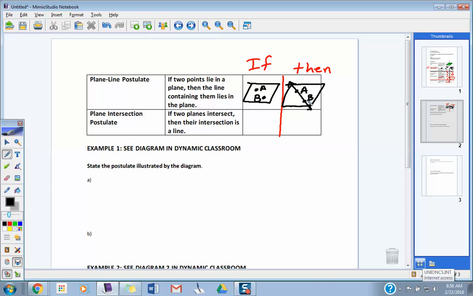And then the last thing you have, and I'm going to have a hard time drawing this, but guys, if you have 2 planes that intersect, then their intersection is a what? 2 planes intersect, they form a what? A line. I'll show you some diagrams that look pretty similar to that here, but take a look at this and this right here.